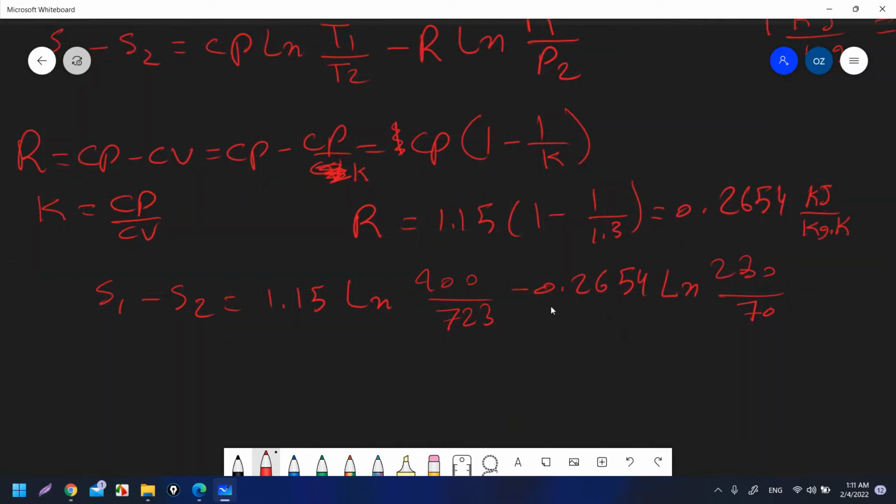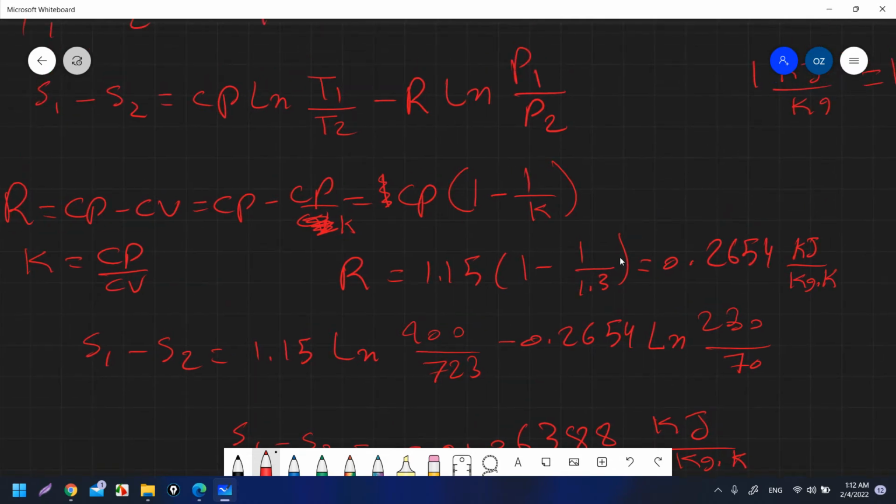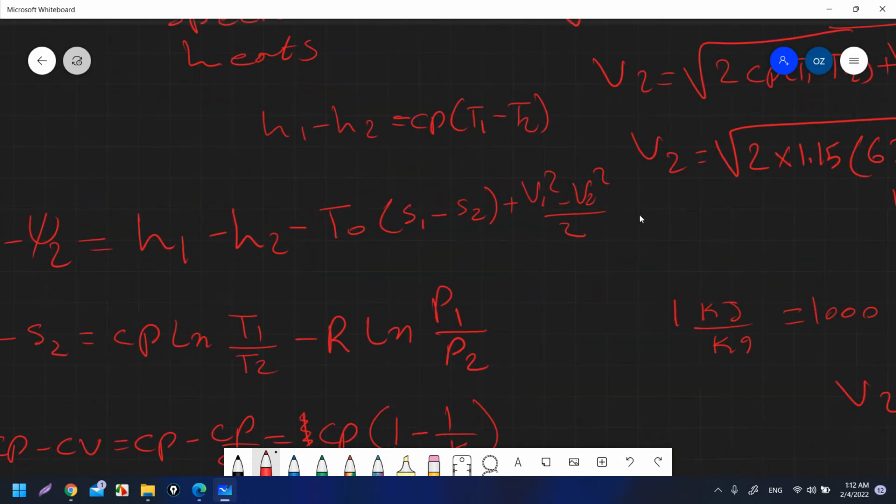So S1 minus S2 is equal to negative 0.6388 kilojoule per kilogram Kelvin. Okay, so we got everything.